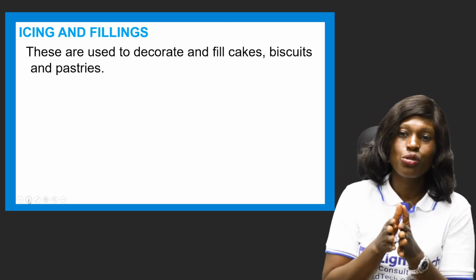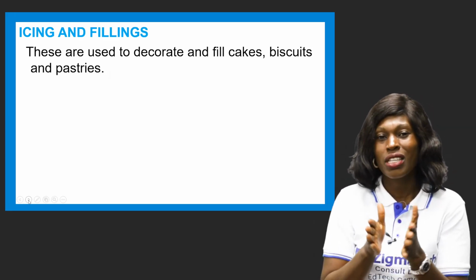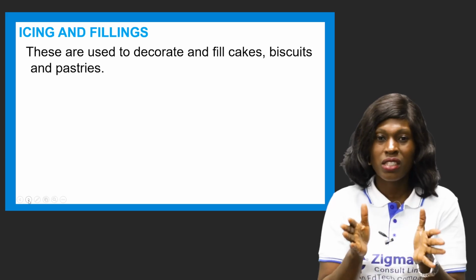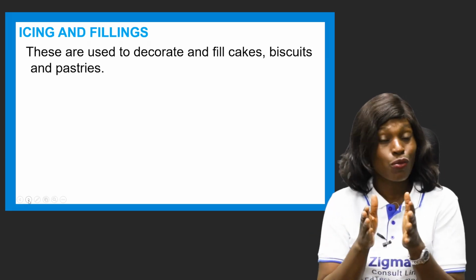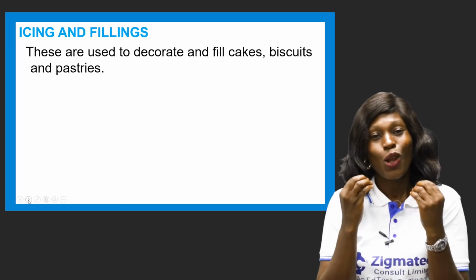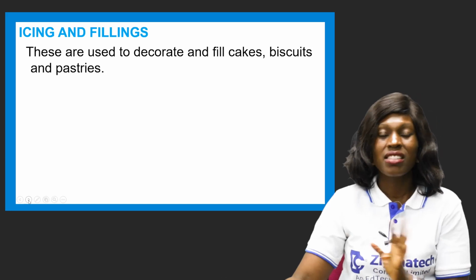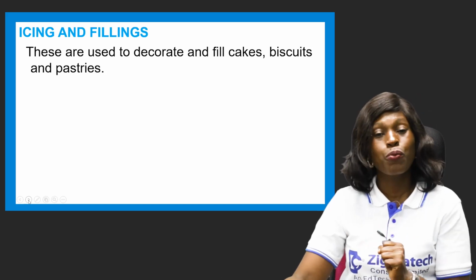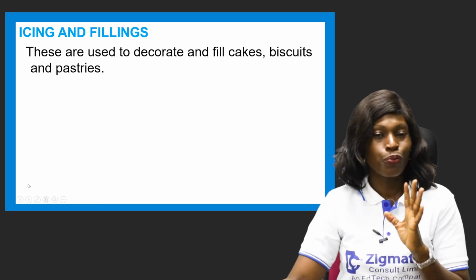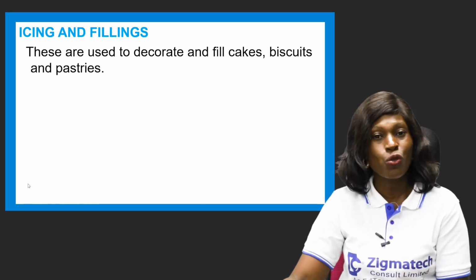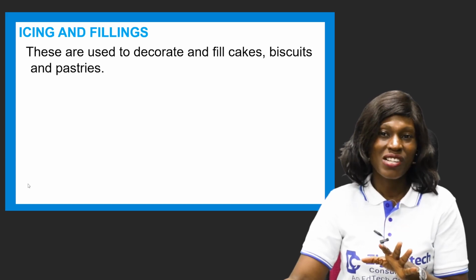They are used to decorate and fill cakes, biscuits, and pastries to give them this distinctive look and make them taste lovely and look beautiful. So icings and fillings are very important after our end products are brought out from the oven, and then you want to use your icing and fillings.